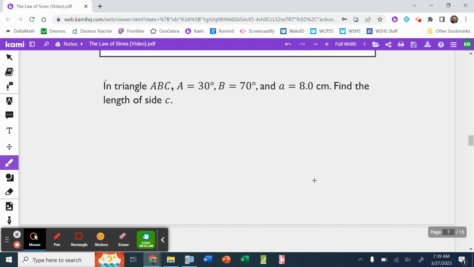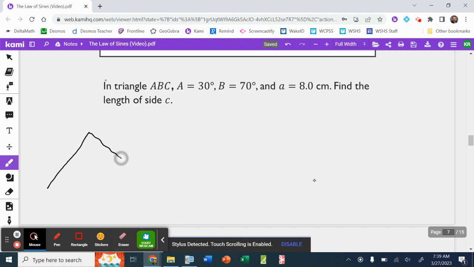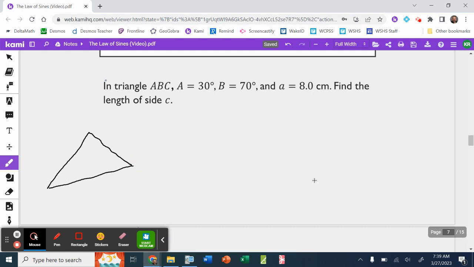All right. So step number one, I'm going to draw my triangle. We'll just sketch a triangle over here. And we'll call this angle B up here. And so that was 70 degrees right here. We'll call this one down here angle A, and that one was 30 degrees.